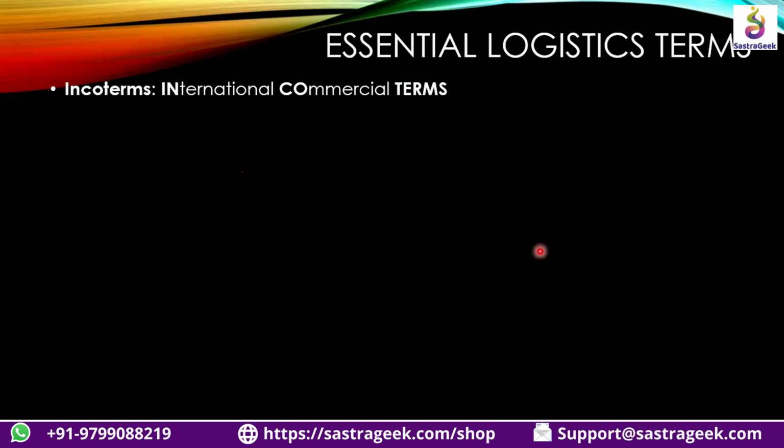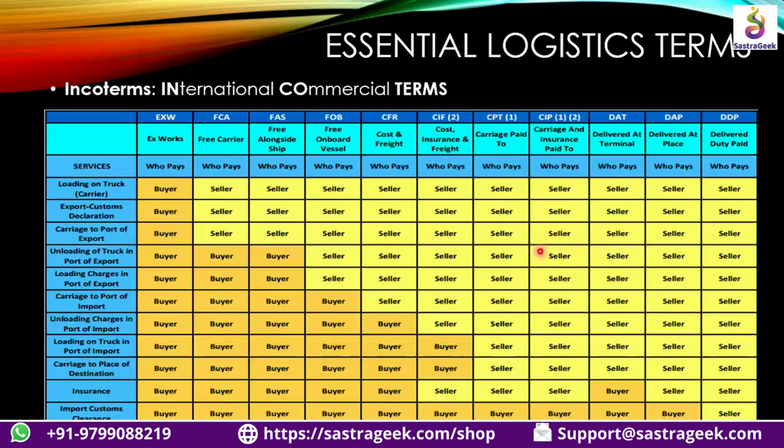So they have come up with one term called Incoterms. There are 11 Incoterms defined and given by ICC, and these are basically meant to help you understand who is going to pay for what services are included in your transportation.